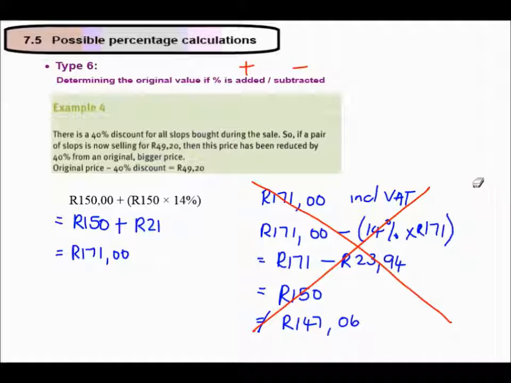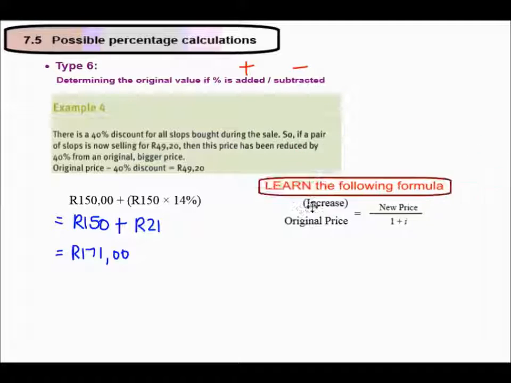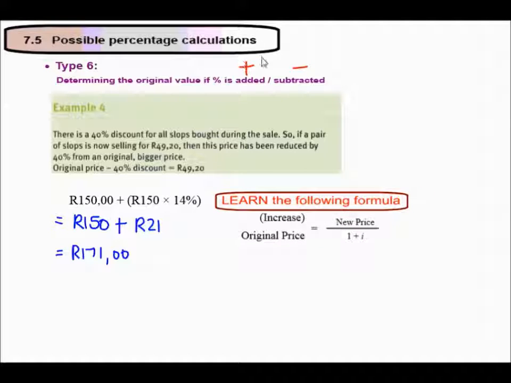What we have to do is we would have to take 171 Rand, and this is the other formula that you have to learn. Increase means add. So do you see I have my add sign there, and I'm going to have 1 plus.